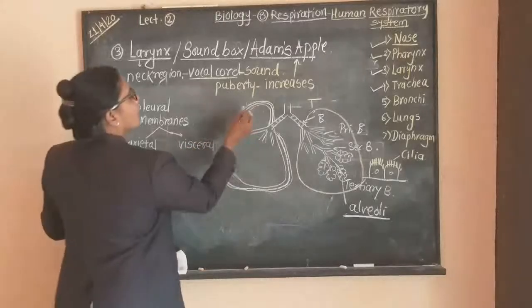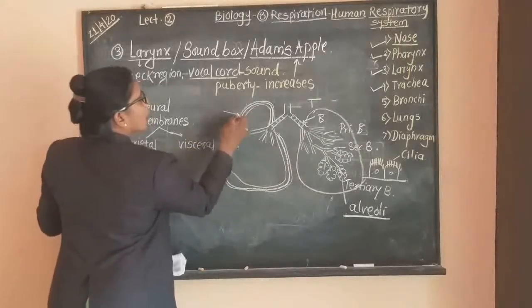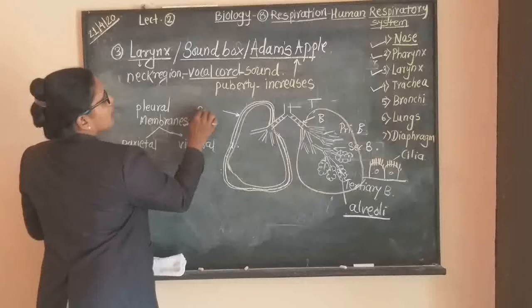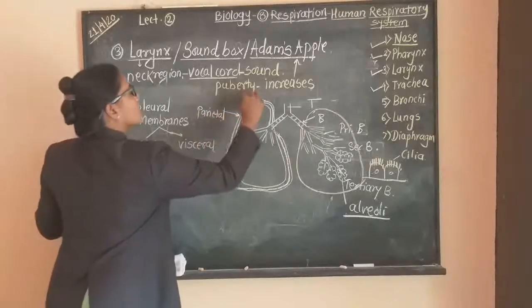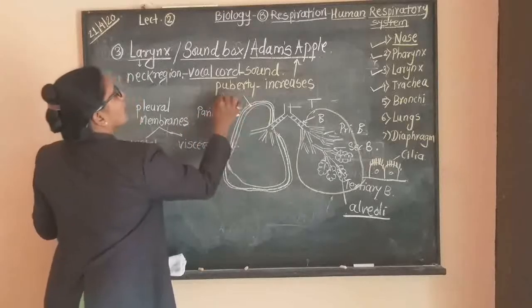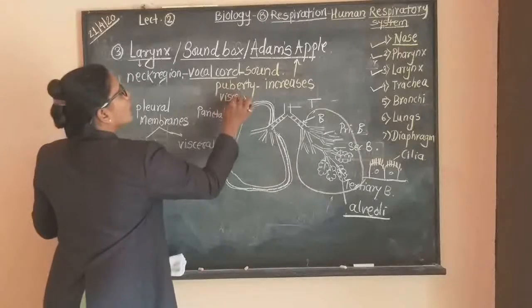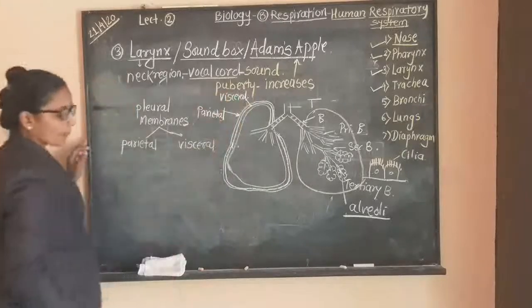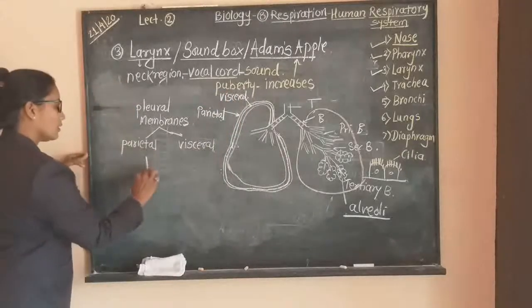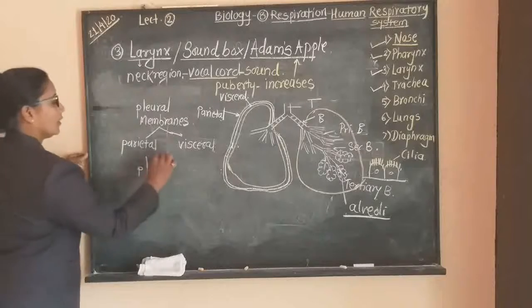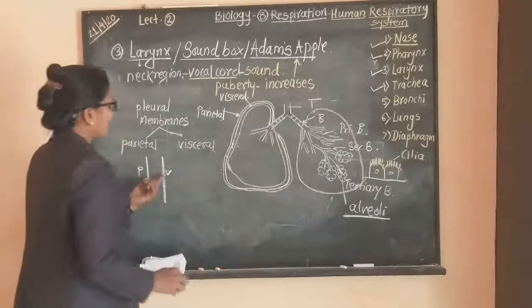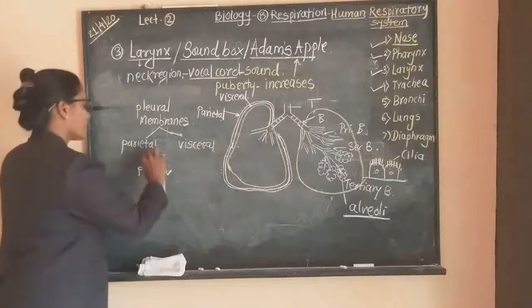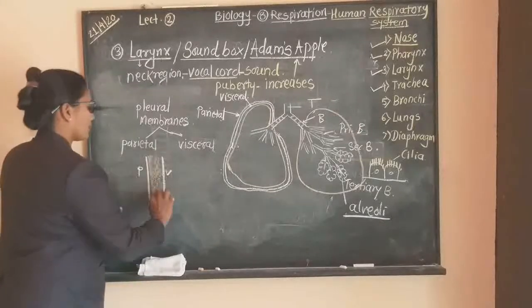If you observe here, this outer one is parietal, and just below it the inner one is visceral. In between these 2 membranes, a space is present.